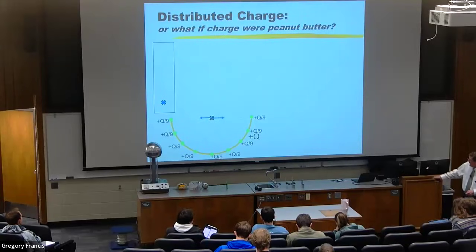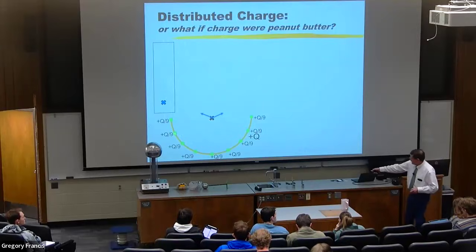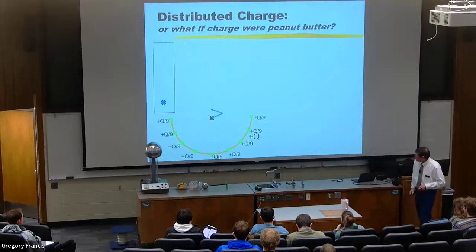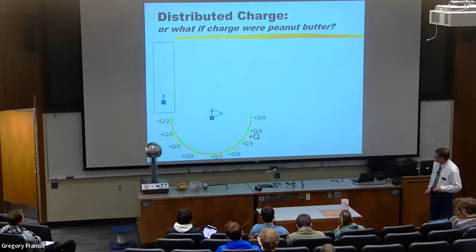And give me nothing. I'm just going to keep a scorecard over here, a ledger. Now, if I look at these two, that one there and that one there, this charge is giving me that field. This charge is giving me that field. But when I add them as vectors, they mostly cancel out. And I get a little contribution.